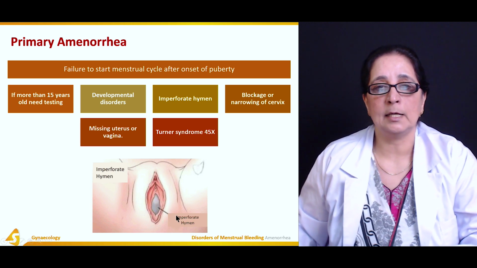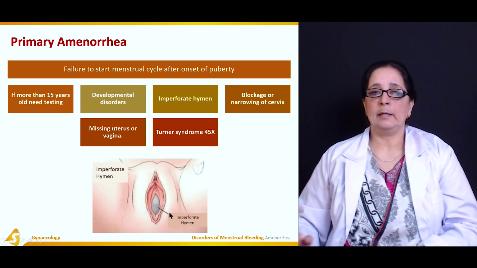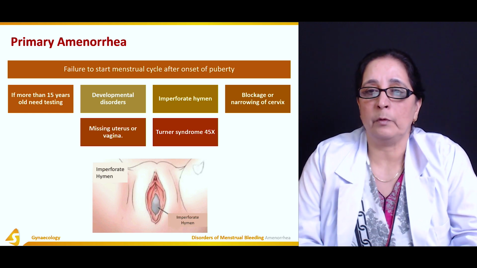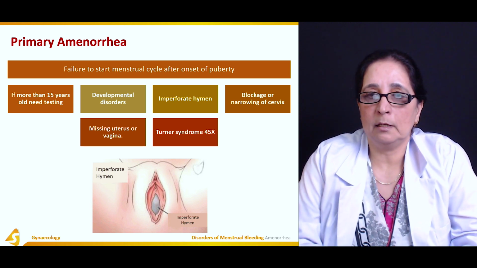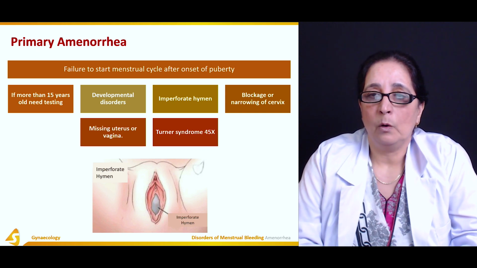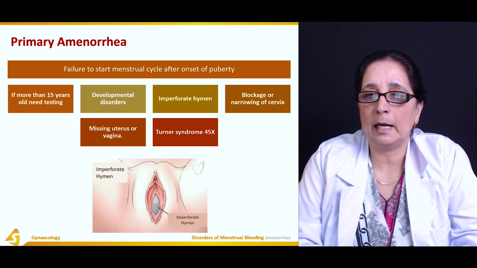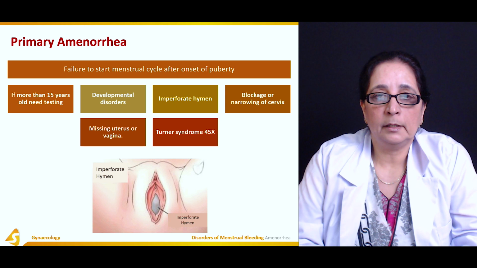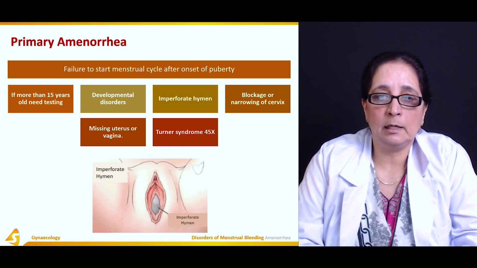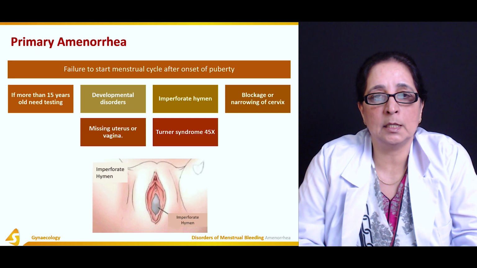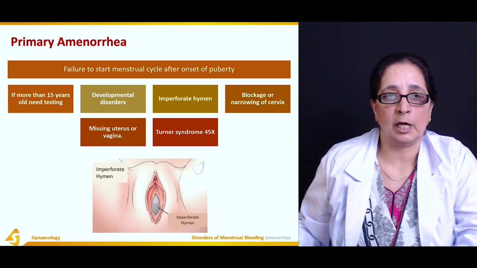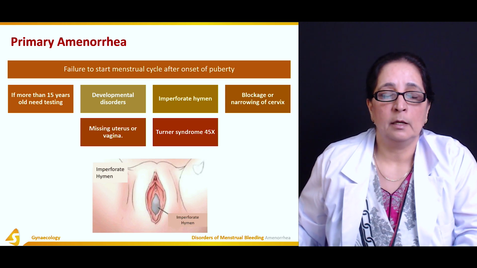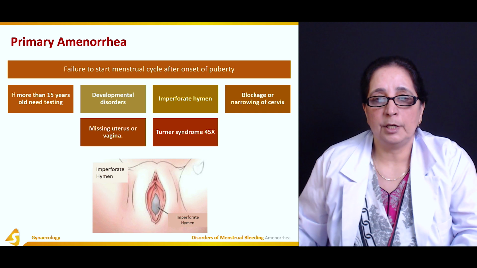Then the other developmental condition is blockage or narrowing of the cervix. When this condition is there, usually it is treated by opening the cervix or by dilating the cervix with a dilator. The third developmental condition that can lead to primary amenorrhea is a missing uterus or vagina. When no uterus is present or no vagina, usually menstruation doesn't occur. Then Turner syndrome.